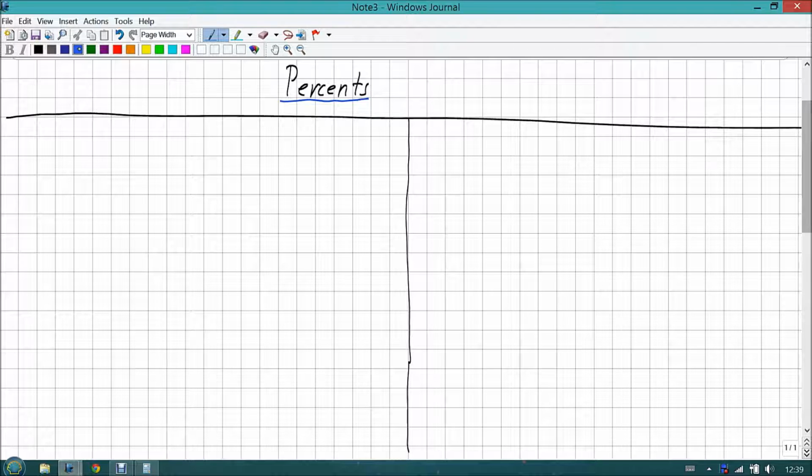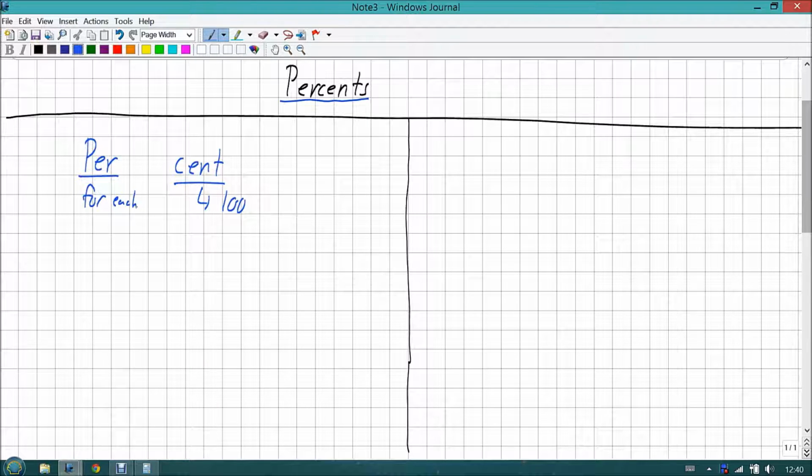So, what is a percent? Well, we can look at the word per and then cent. If you know Latin, you know that cent means 100. Century means 100. Centurion means that they are 1 out of 100. Per means for each one.